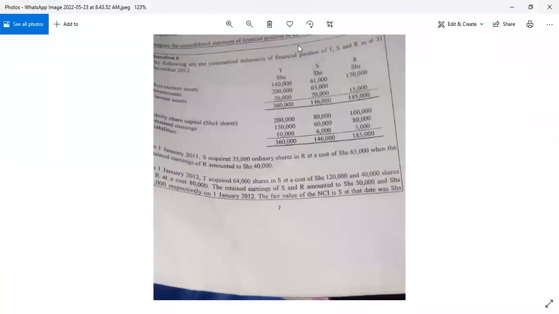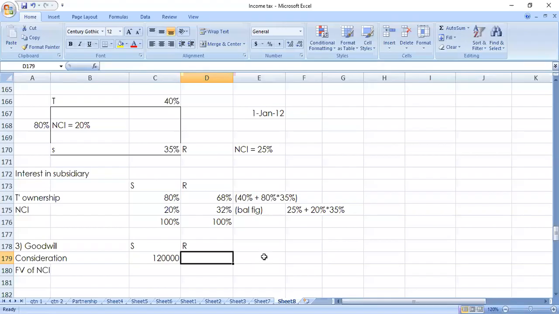So we say we brought in 80,000 as T directly. Then through S, where we own 80%, we brought in 65,000. So this will be our total consideration, giving you 122.